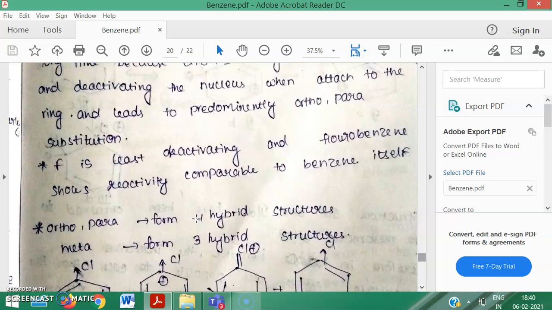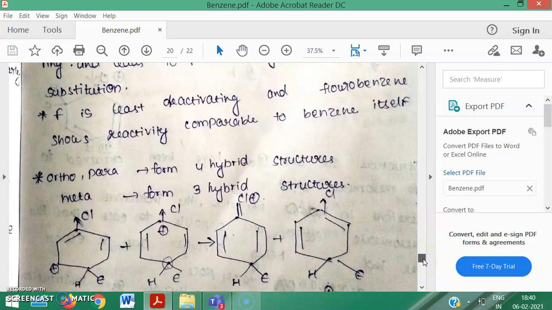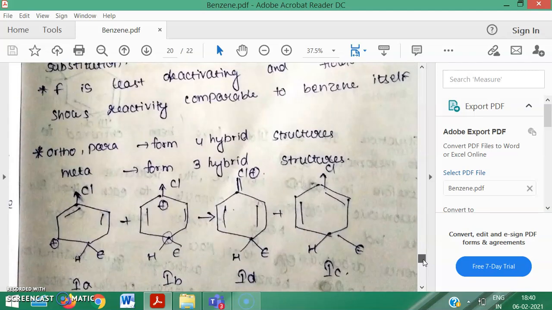In the meta attack only 3 hybrid structures are formed. That's why these halogens direct the ortho-para substitution.